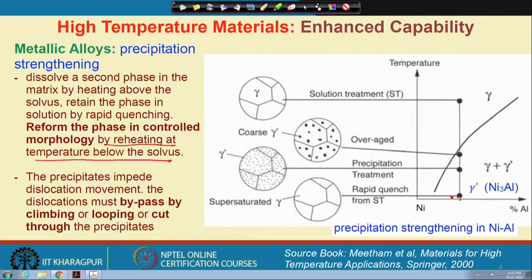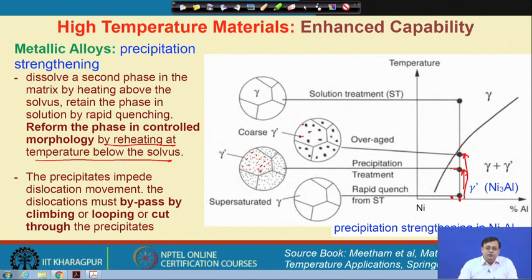So, we take again this C0 and we warm it up to different temperatures for different times for the precipitate to appear in the microstructure. If we heat it at a relatively higher temperature very close to the solvus, then we will get a larger size gamma prime phase, whereas if we heat it to a relatively lower temperature, then we will get finer and more numerous precipitates, because the nucleation will be higher and the diffusivity will be less.